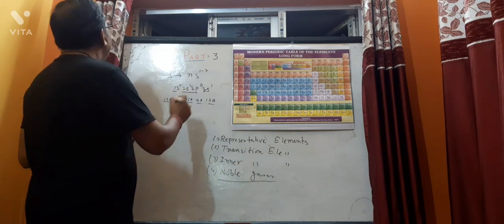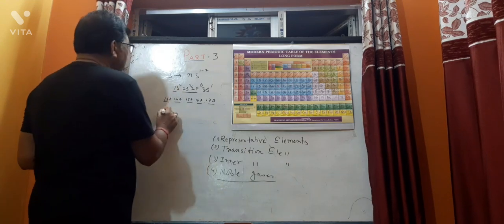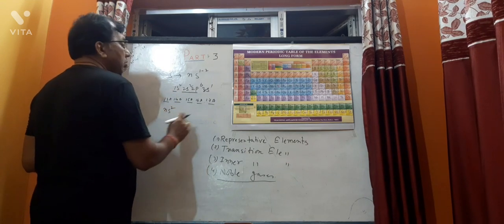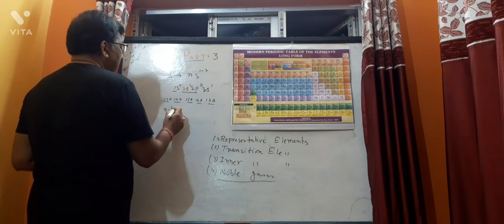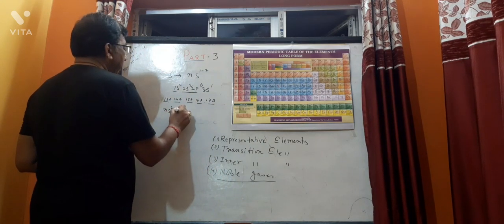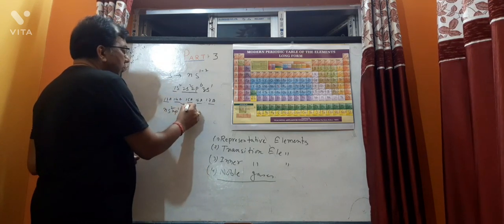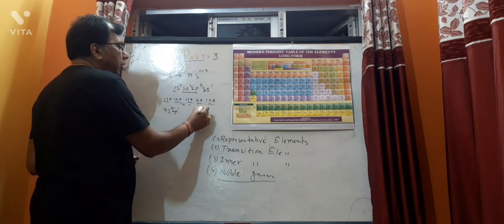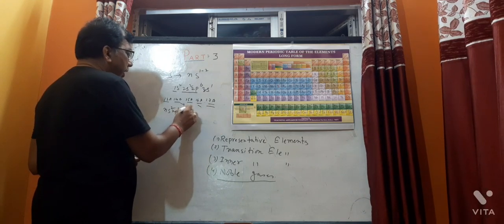What will be their electronic configuration? ns2 and np1, np2, np3, np4, np5. That means np1 to 5.